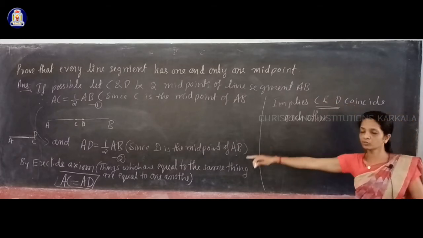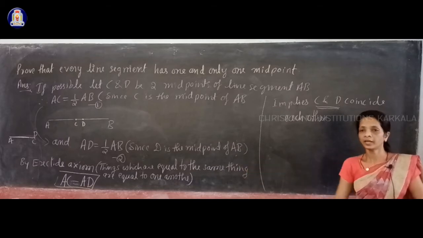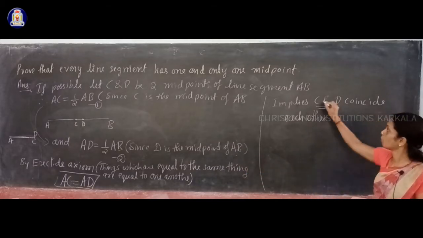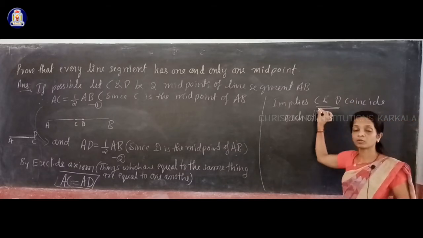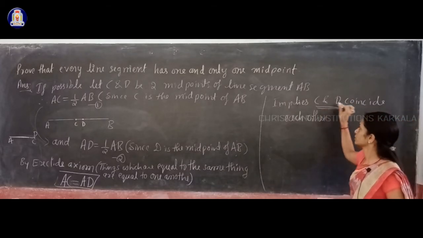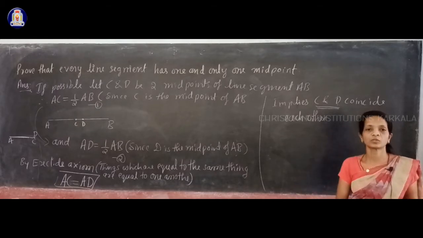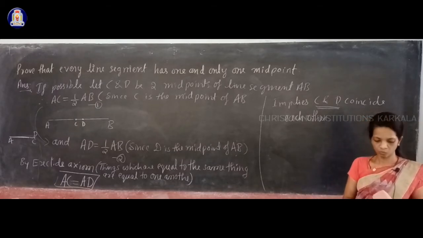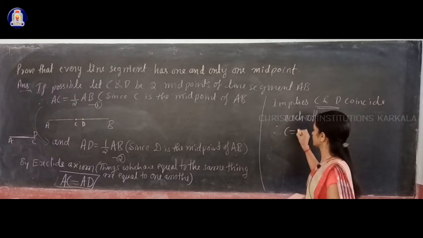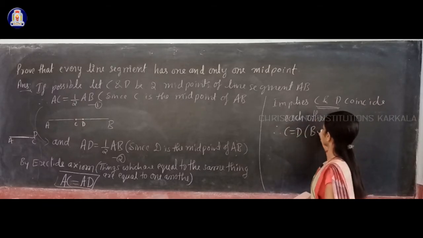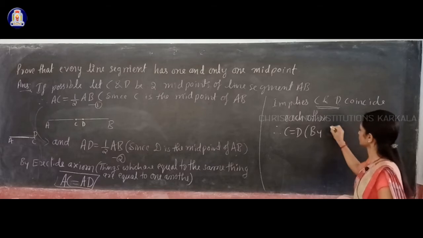Why? Because we got AC equal to AD, which means points C and D coincide. And by Euclid's axiom, things which coincide are equal to one another. Therefore, C is equal to D by Euclid's axiom.